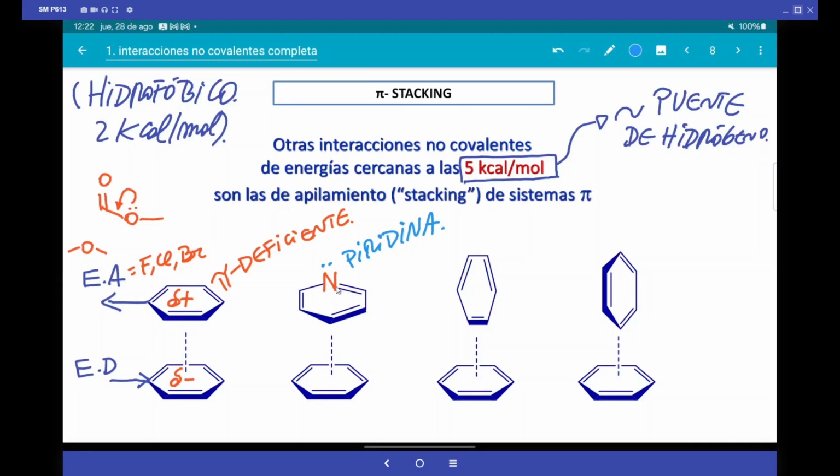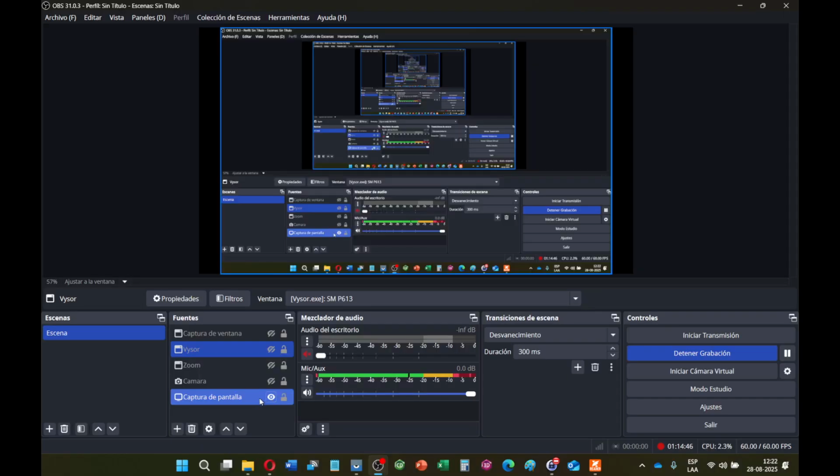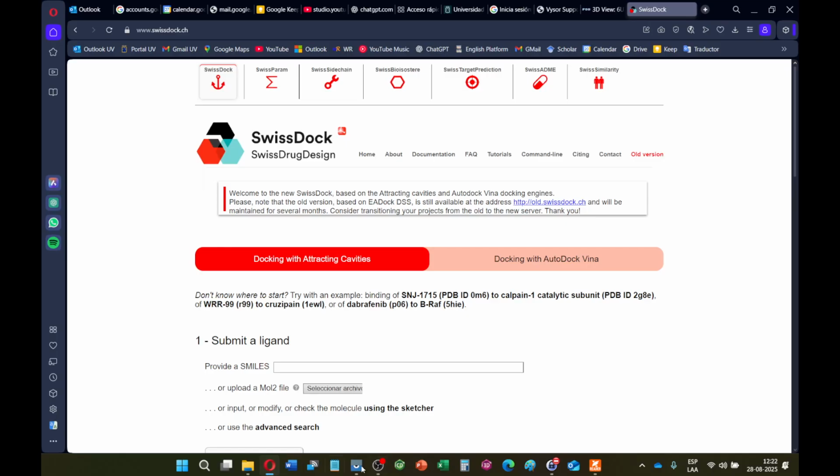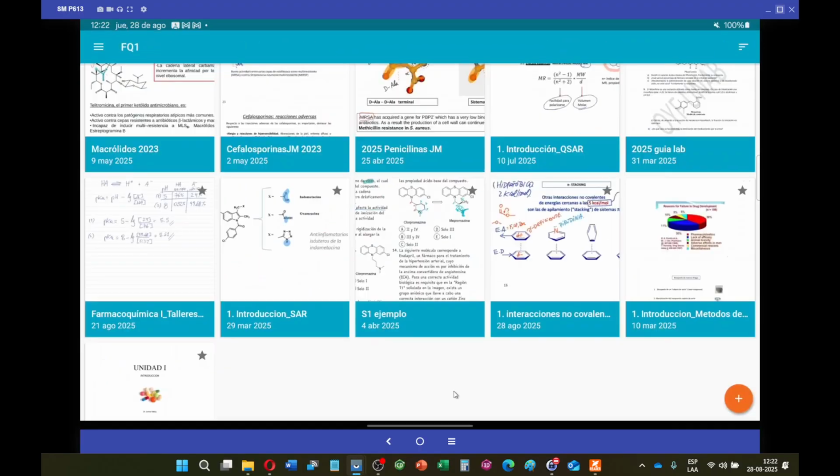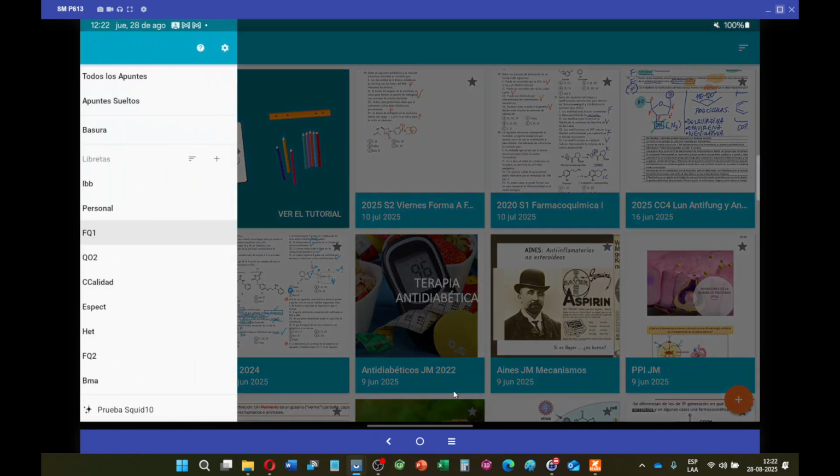Exactly. And look, I am going to show you briefly. This is always reinforced with an image that here, unfortunately, I do not have. But look here.